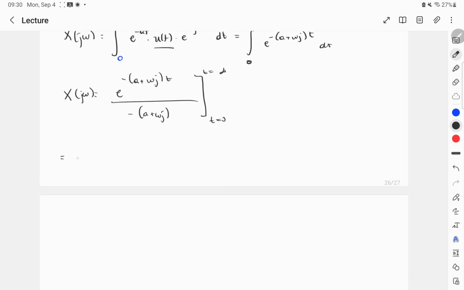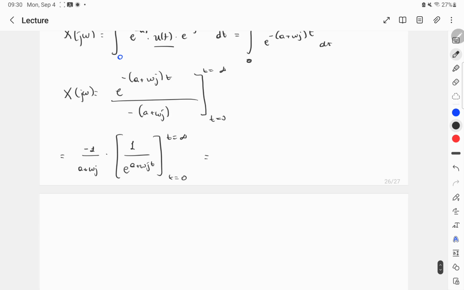And this is, let me take the denominator out. Here we have again the same boundary conditions. And if t equals infinity, it will give us 0. Let me write it more openly.